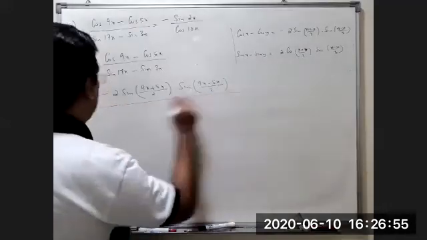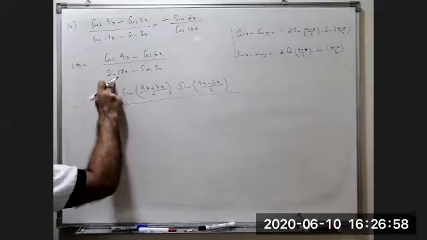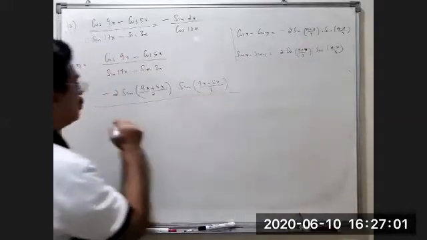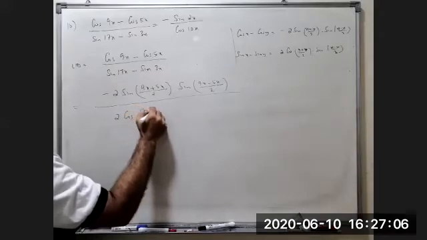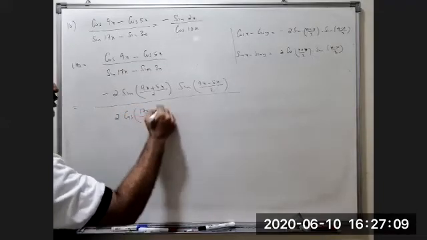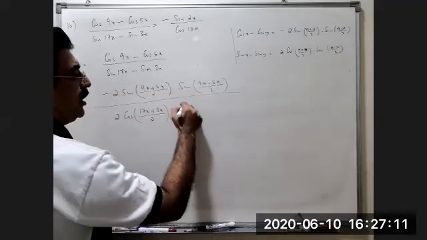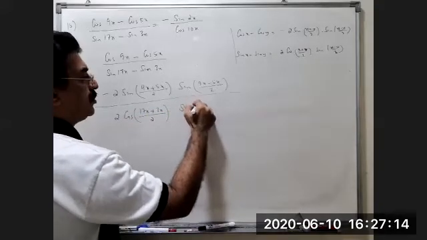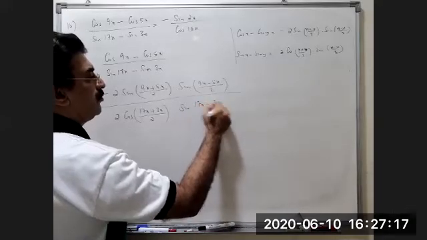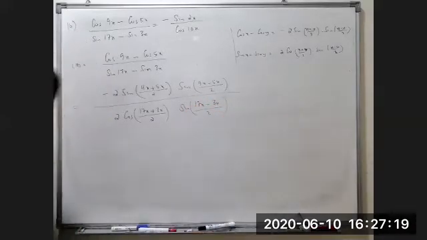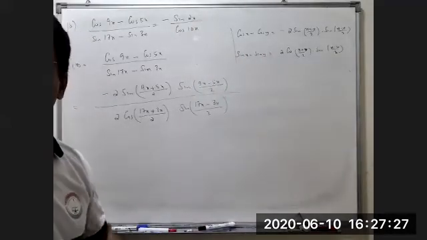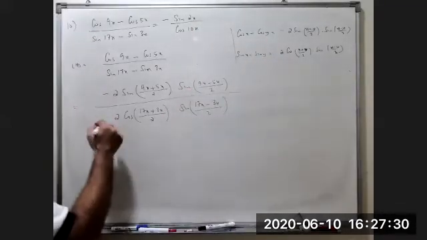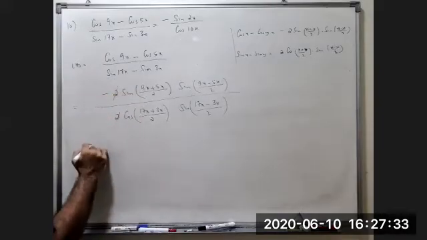The whole by sin 17x minus sin 3x, which is 2 cos of 17x plus 3x by 2 into sin of 17x minus 3x by 2. Be very, very thorough with the formula. If you are thorough with the formula, it's very easy. Now, this 2 and 2 can be cancelled.